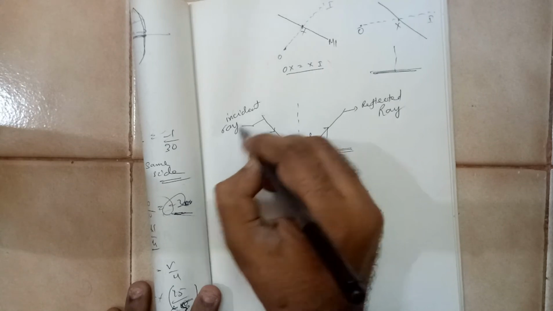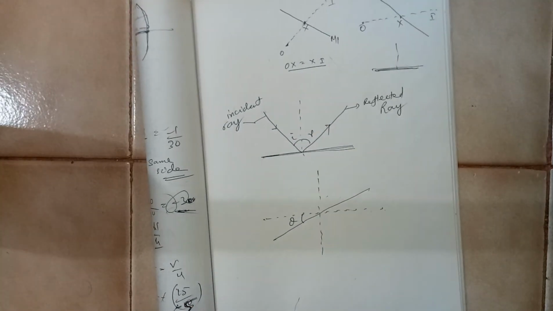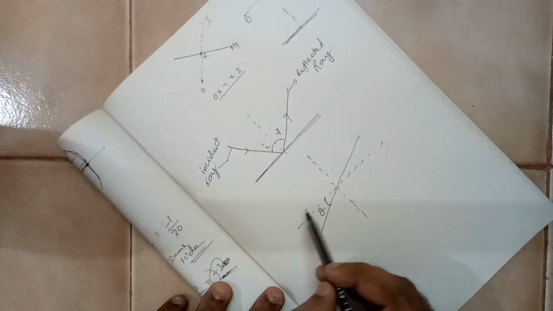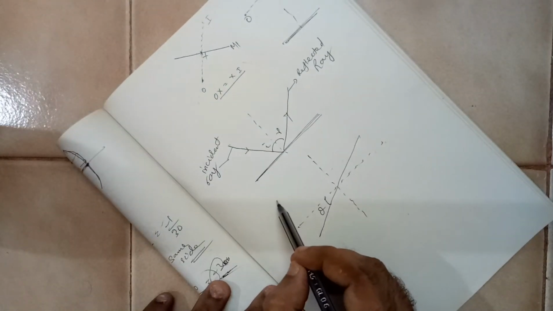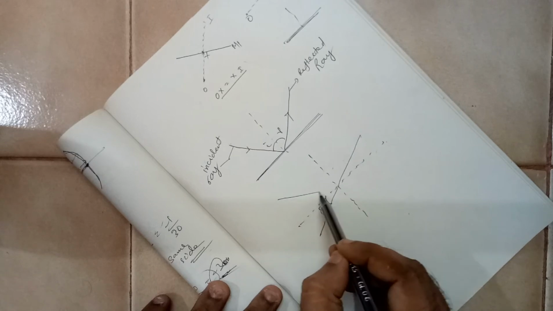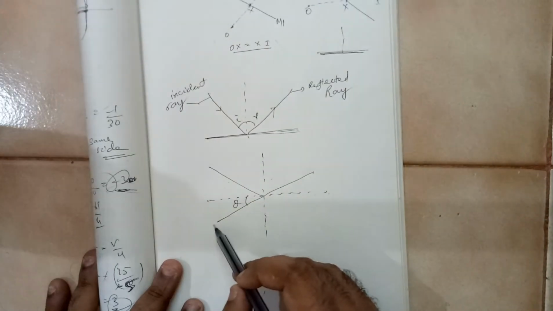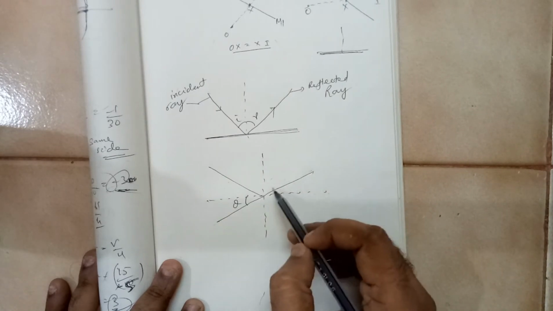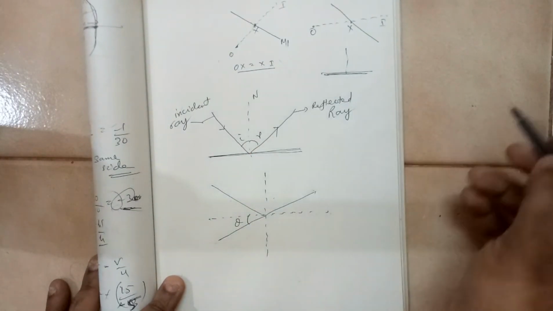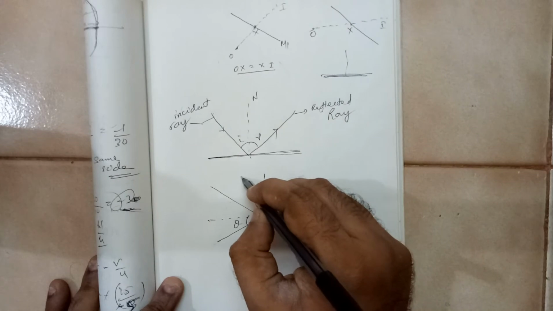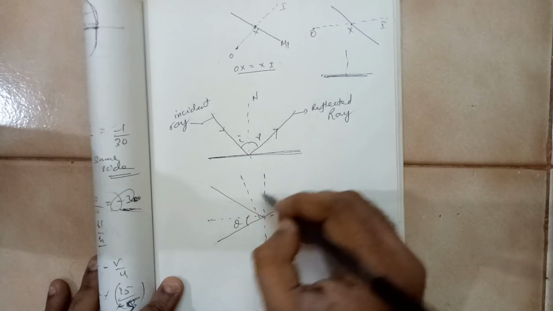In this situation, the incident ray remains as it is. That means the location of the incident ray remains as it is. But because you rotated the mirror, the position of the normal gets shifted.